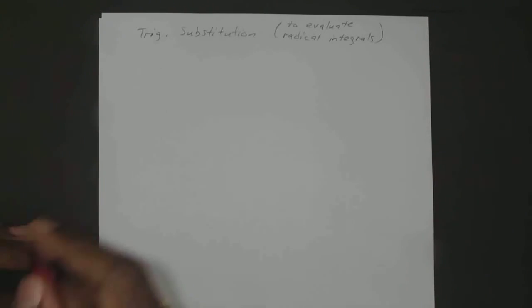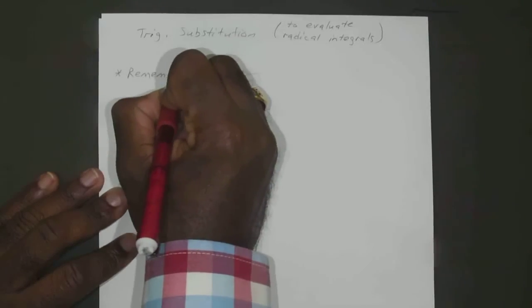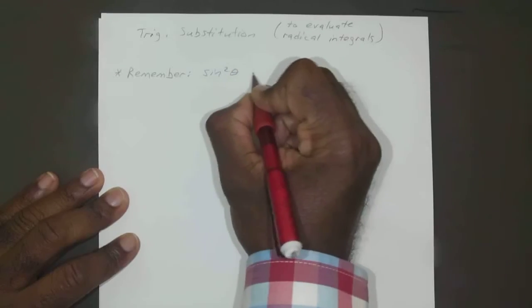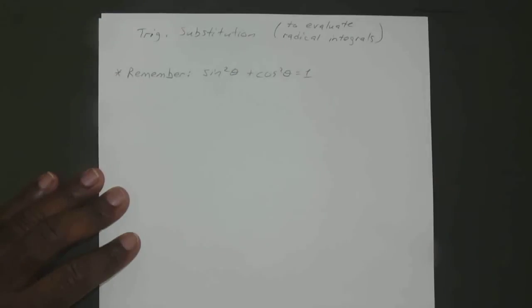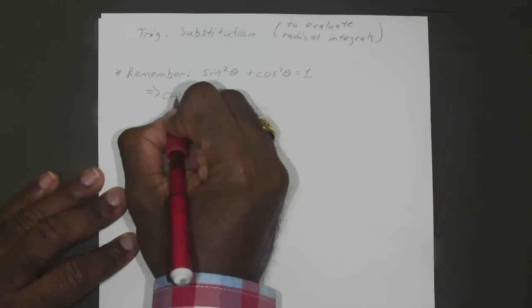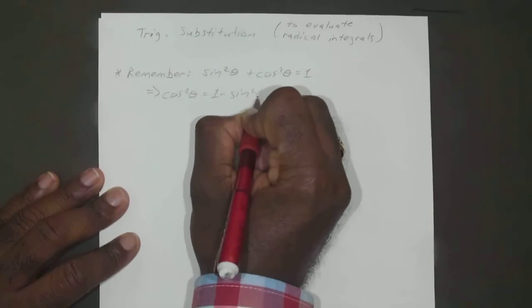So for these to work, you have to remember sine squared of theta plus cosine squared of theta equals 1, which means that cosine squared of theta equals 1 minus sine squared of theta.